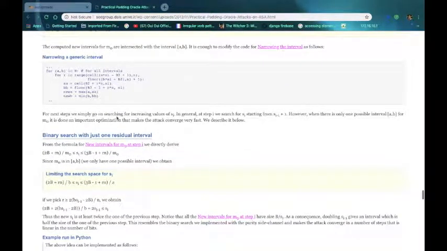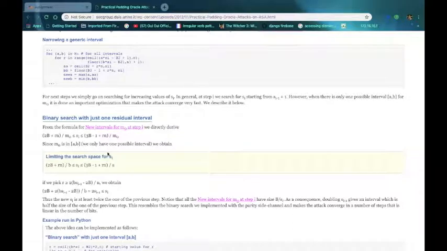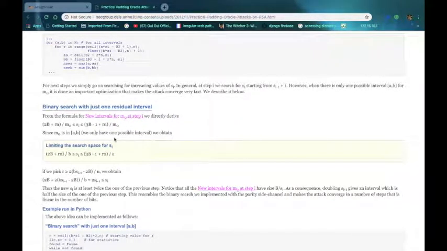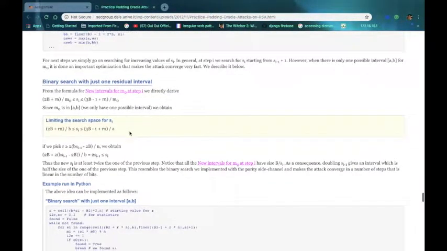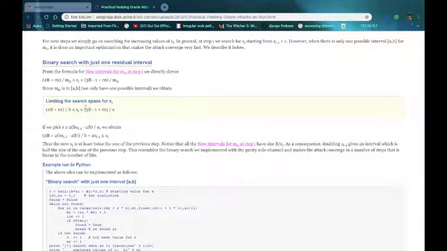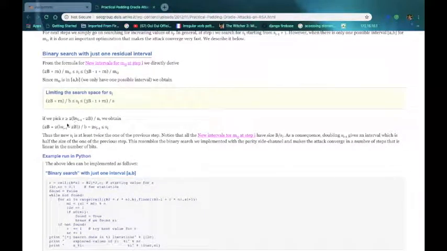Now once we get a single interval in which M0 might lie, we can try to find an Si in that interval such that it is the one we are looking for. Here we can pick R's in such a way that the value of the next Si that comes out is twice the one before.